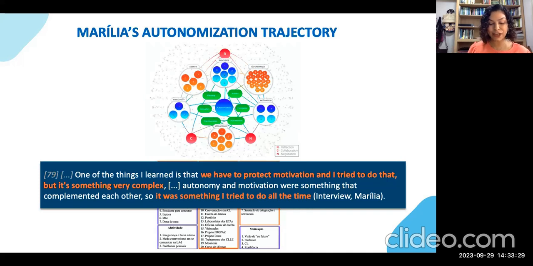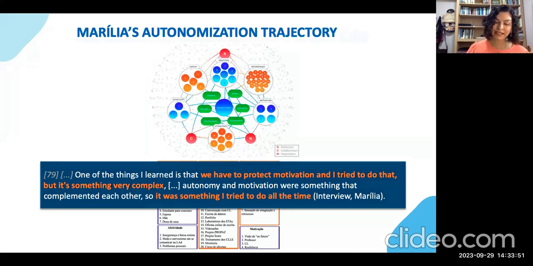And here we verify how successful was her trajectory. Marilia was a real beginner, and after 4 years, she was fluent like she dreamed about, and she received an A in the final research paper, something that meant a lot for her.